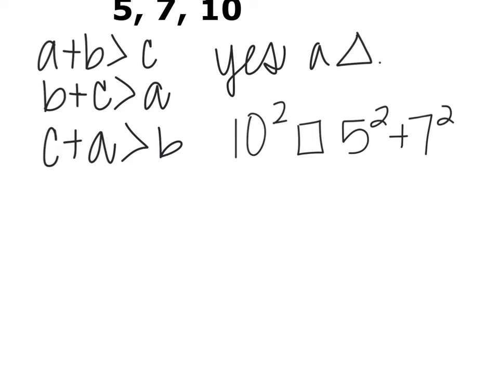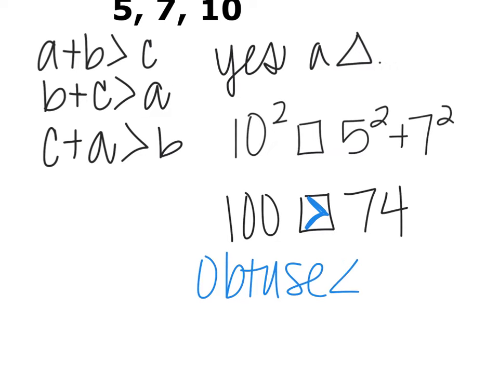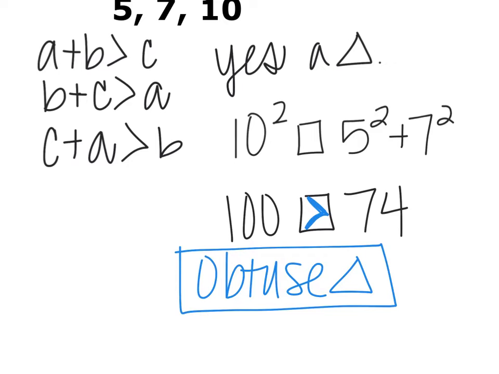I know that 10 squared is 100. 5 squared is 25, and 7 squared is 49, so 5 squared plus 7 squared gives me 74. The inequality I'm going to write in that box is that 100 is greater than 74. Because I wrote greater, that means this is an obtuse triangle. So yes, we have a triangle, but it's obtuse.